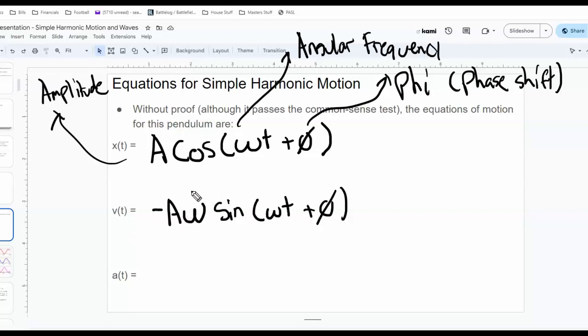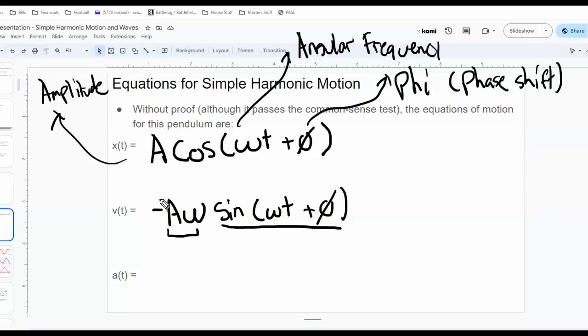The other thing I want to point out, from a mathematics standpoint, is that the range of sine and cosine is between -1 and 1. In other words, this value right here, the sine of omega t plus phi, can never be greater than 1. And what that means is, if we want to think of the maximum value of v, in other words, the maximum speed that this object can have in simple harmonic motion, that's going to be this coefficient out in front of the sine, because the sine function can never be a number bigger than 1.